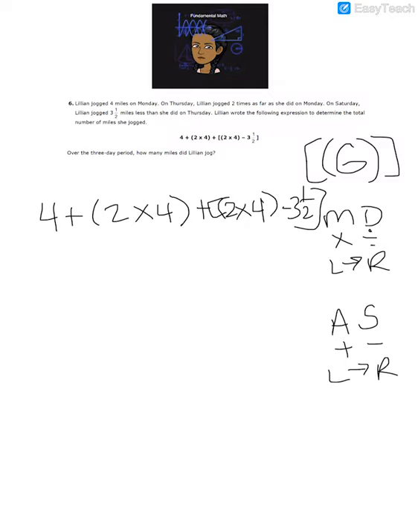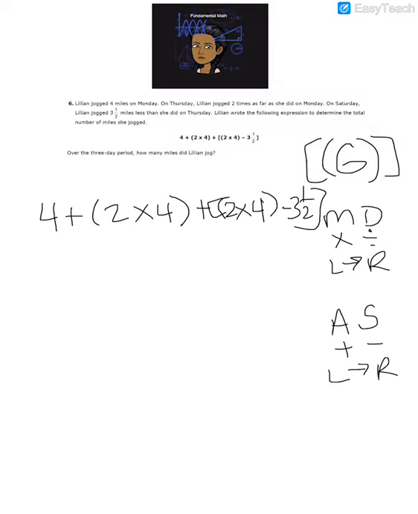So I'm going to change my color here. The first thing I want to do is look at our grouping symbols. Here we have brackets and parentheses. If you have one grouping symbol inside of another, you are going to work the inside grouping symbol, the one with the operations that are inside of the other.